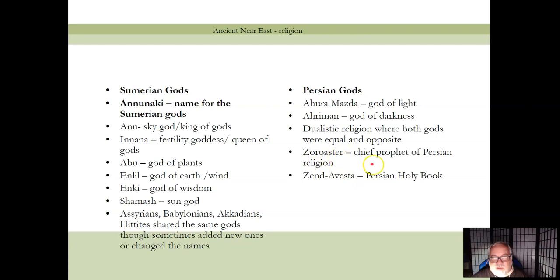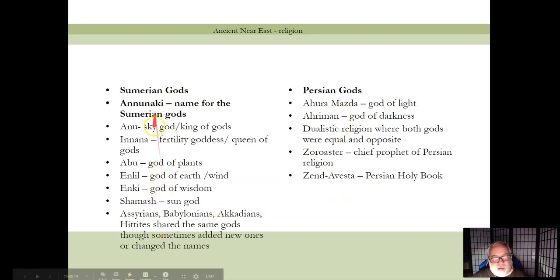And Zoroaster, who's basically their Jesus, right? In the end, the good god will win, but before the end, both gods are equally powerful. The good is always going to win, but bad is going to win sometimes. It's kind of how they explain bad things happening to good people.